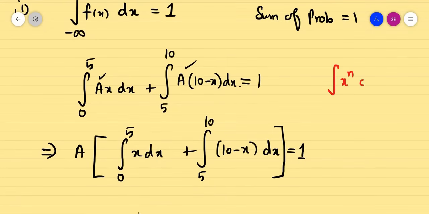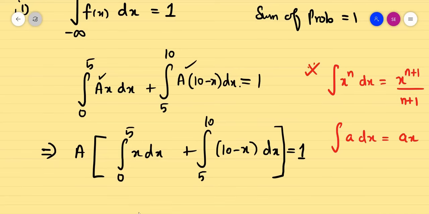Integral x power n dx means x power n plus 1 divided by n plus 1. Correct? And yes, integration of constant: if some constant is coming, you are integrating with respect to x, you will get x. Okay, just two formulas you remember, student. Don't worry about integration. Just one or two formulas we are going to use.